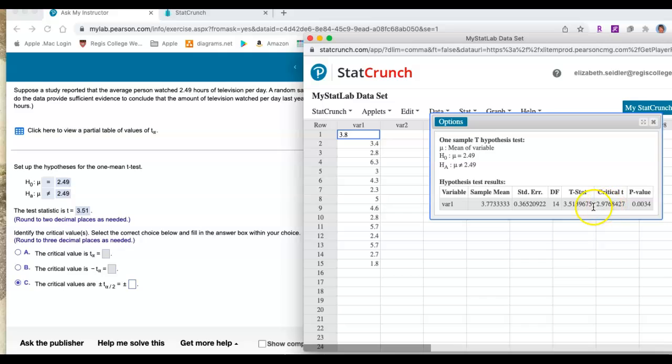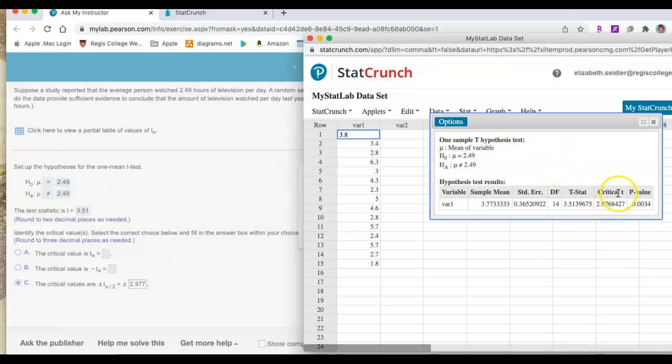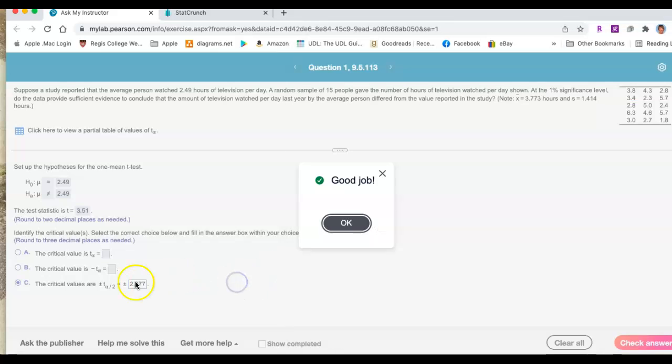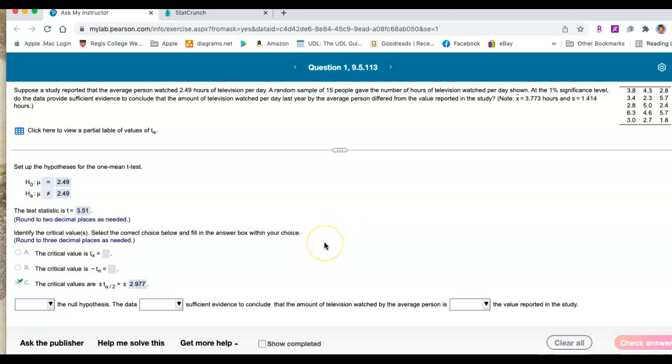My critical T is given as 2.9768. It says to round to 3 decimal places. So my critical T is given right here as 2.9768, 2.977. I type in 2.977 here, and voila.